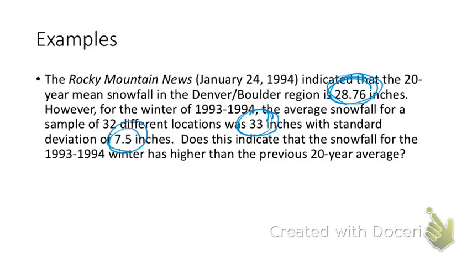Okay, that 28.76, what does that represent? Population mean, call that mu. 33 represents what? Sample mean, X bar, and 7.5, sample standard deviation. So that's the S. So t-test. So this would be a t-test. Good.